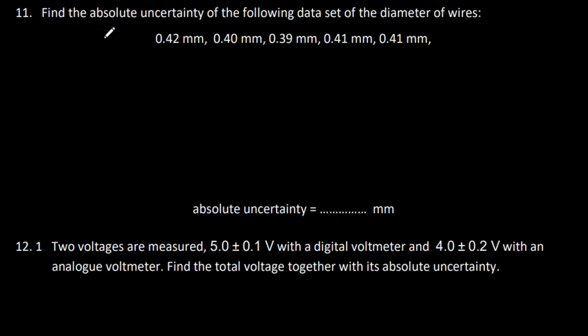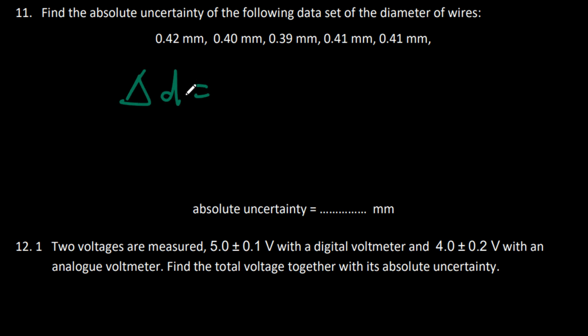In question 11, it says, find the absolute uncertainty of the following data set of the diameter of wires. And we are given these values. So these are repeated measurements for the diameter of a wire. We need to find the absolute uncertainty. Now, the rule for the absolute uncertainty, we can call it delta D for diameter.